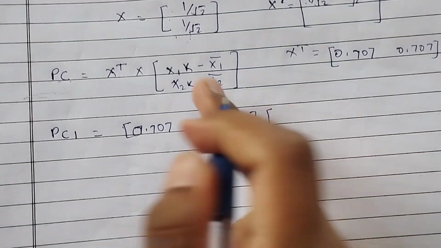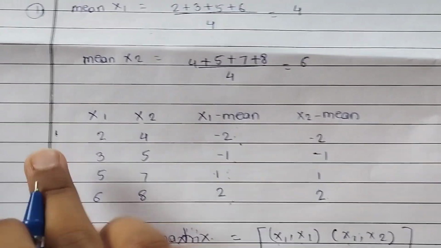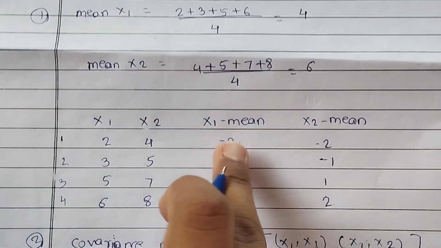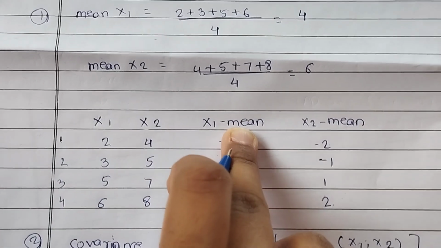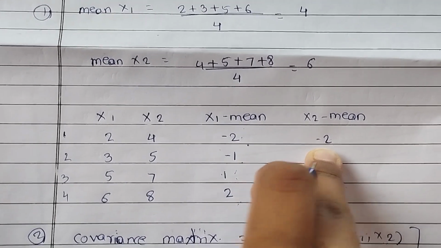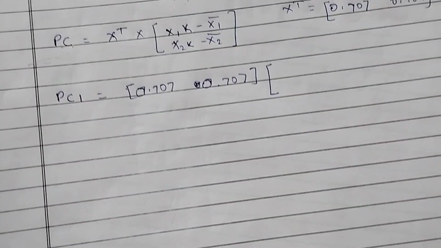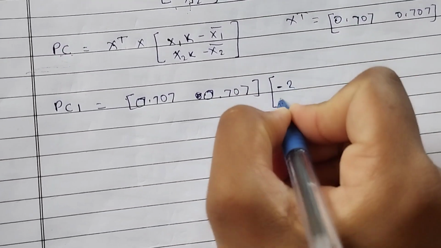And now this second matrix we take from this. So for the first instance, my x1 minus mean is -2, and for x2 it is also -2. So this -2, -2 we take here in the second matrix.